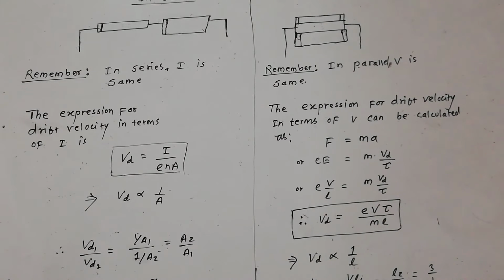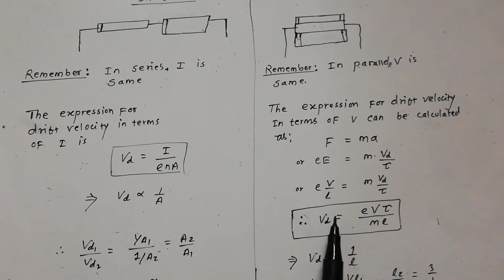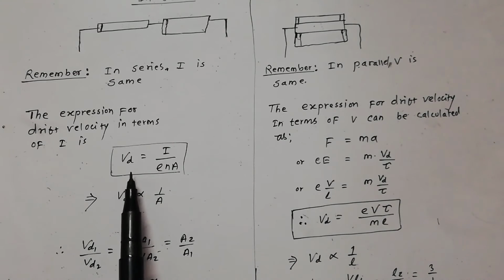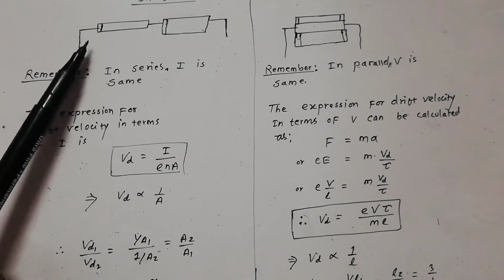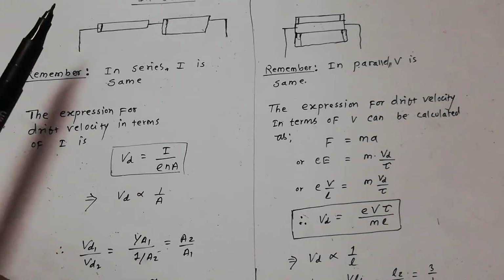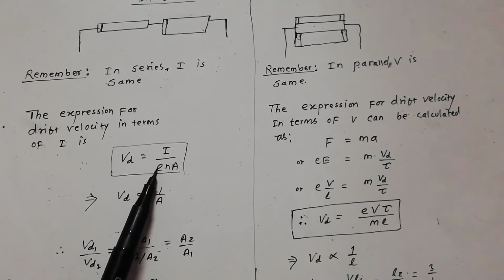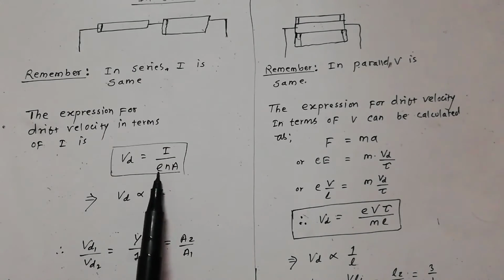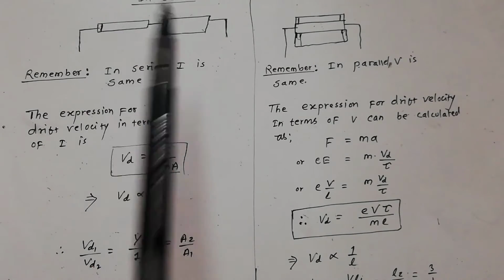Now we have to compare this expression with this and compare this with this. So what we have seen here is on applying this expression in this case, we have seen that I is the same because this is the series connection, so current is the same. So e is the electronic charge, so this is the same for these two conductors. I is the same for these two conductors.